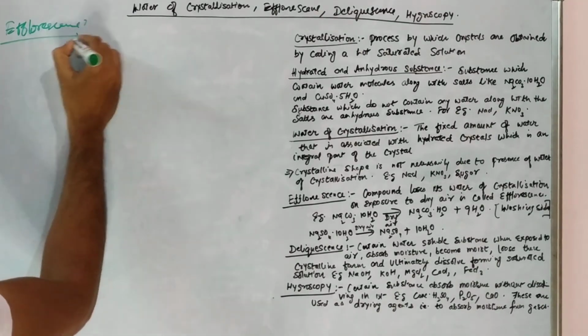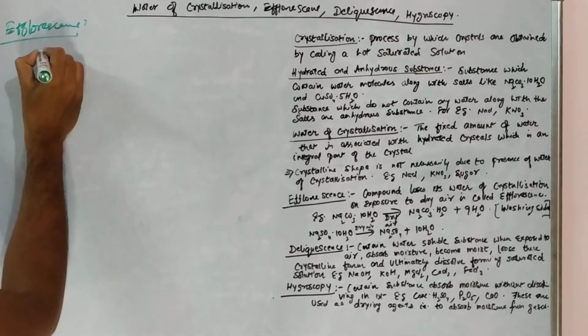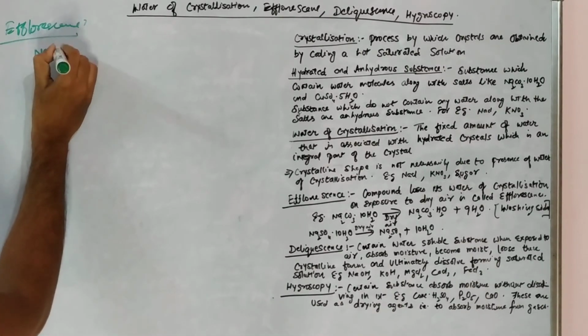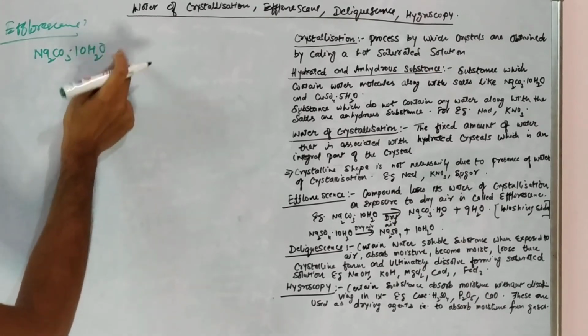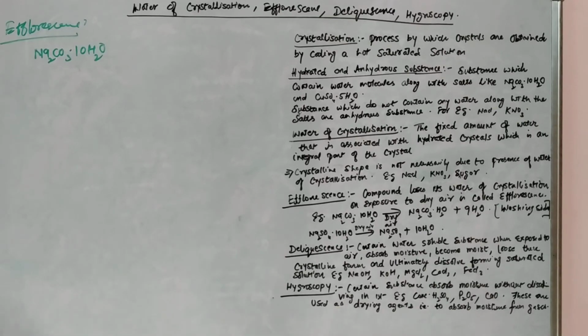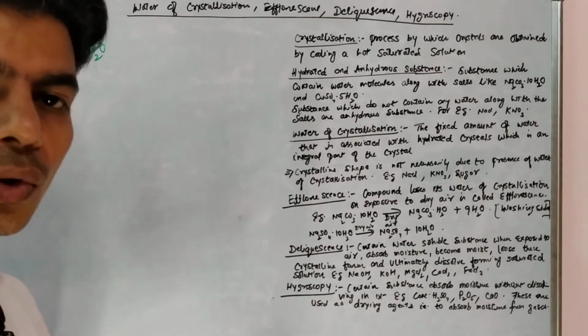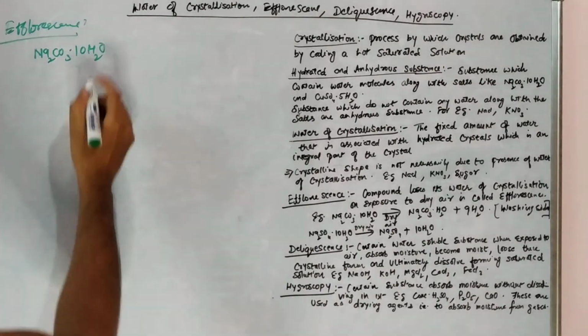So sodium carbonate that has 10 water molecules associated with it, right? And these water molecules we have studied are called water of crystallization or water of hydration, right?